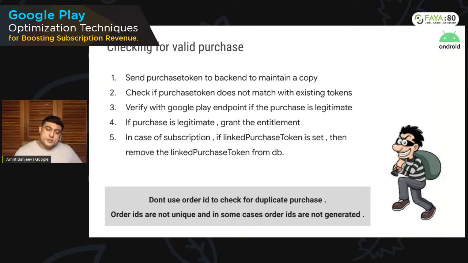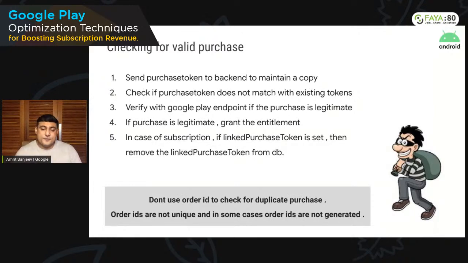So one is to send the purchase token to your backend. That will be the first step. When the user pays on the device, it creates a purchase order, and then that returns a purchase token. Now the purchase token, you maintain a copy on your backend. Then check if the purchase token is something that has already been created earlier.